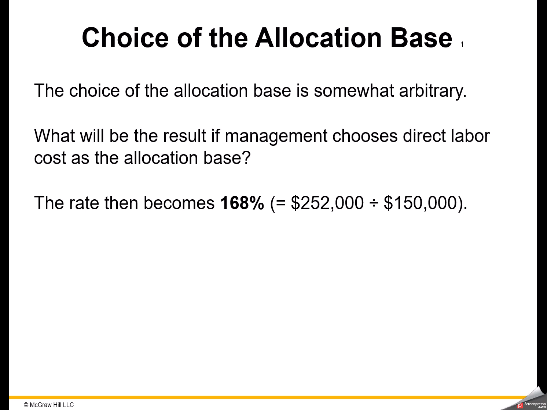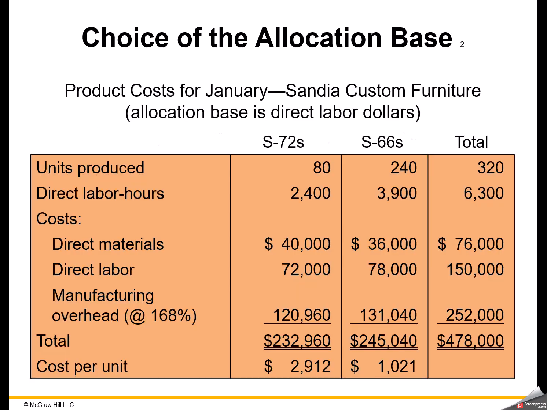Now, what if it's not necessarily real clear? We could come up with a rate percentage. We're going to use our total direct labor costs and get it as a rate, so 168%, and then we could allocate it to each of the products based on that.